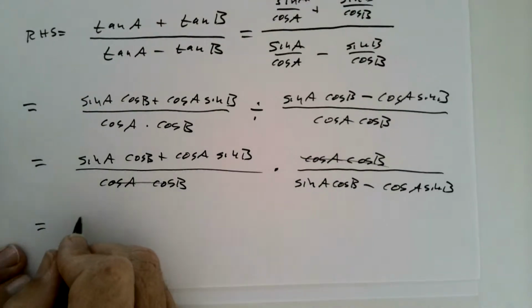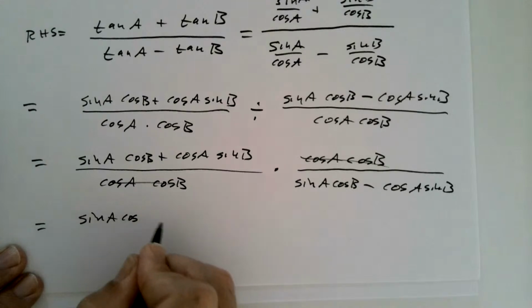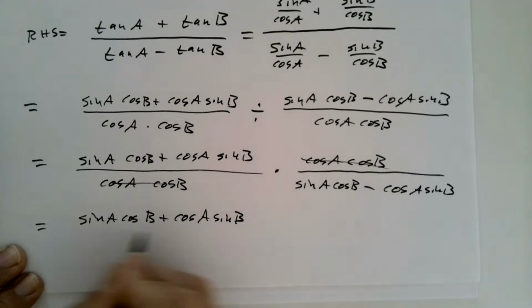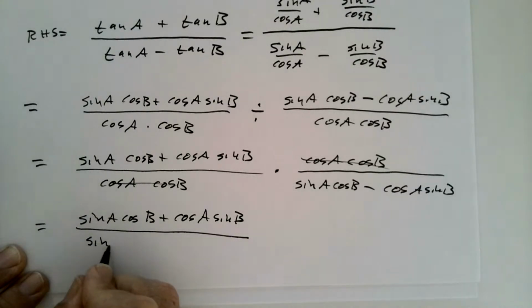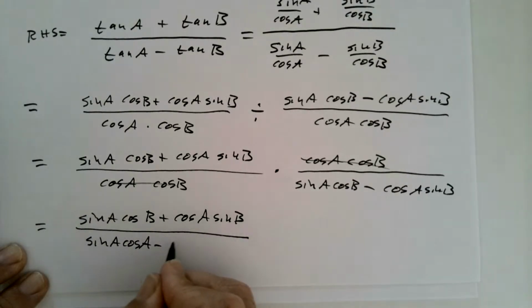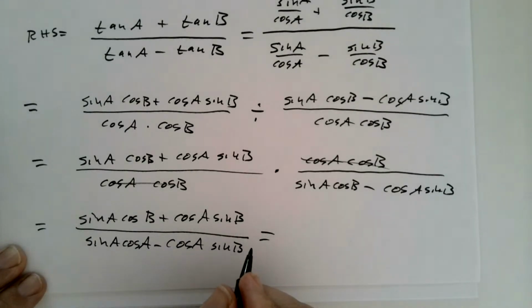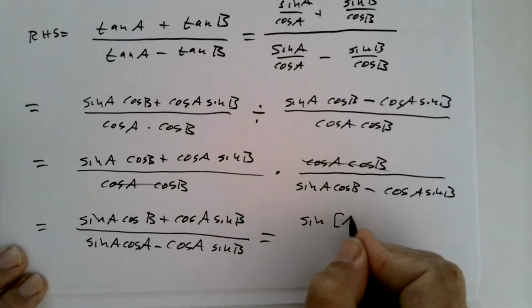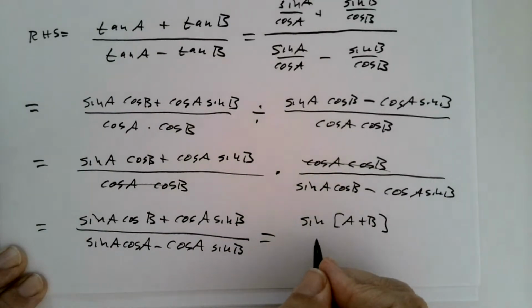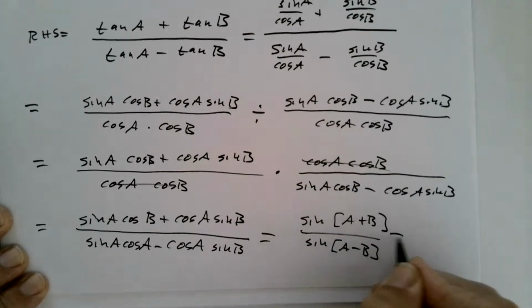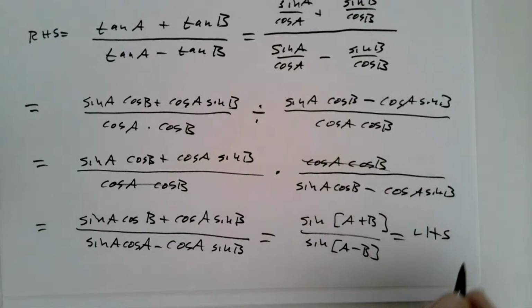And this becomes sine a cos b plus cos a sine b divided by sine a cos b minus cos a sine b. Which equals what? Which equals sine a plus b upstairs and sine a minus b downstairs. And that's the left-hand side. So that's my preferred process for that problem. Again, there's many other ways that you could do it.